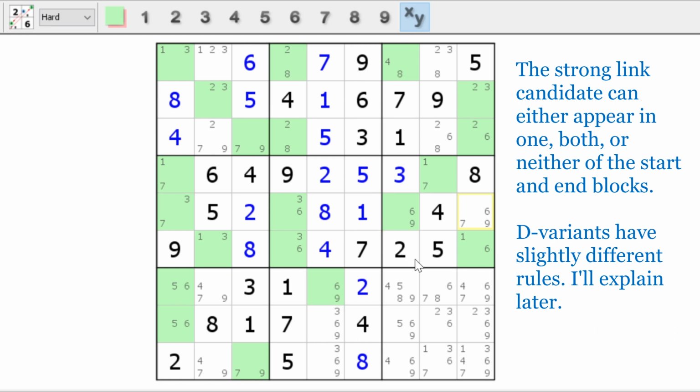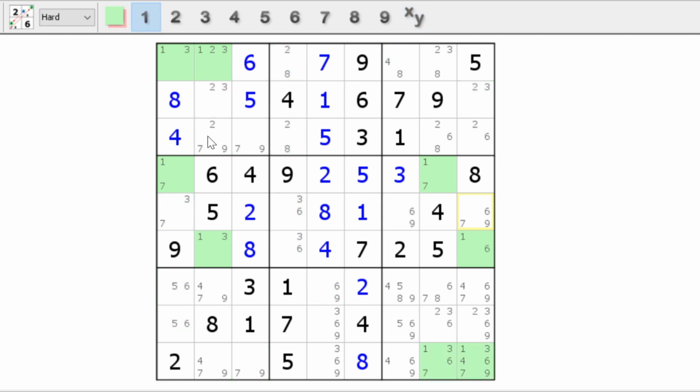Okay, so I'm looking here. I think I'm going to go back and see if there's any other eliminations I can make normally before I dig really hard for the W-Wings. Nothing there.